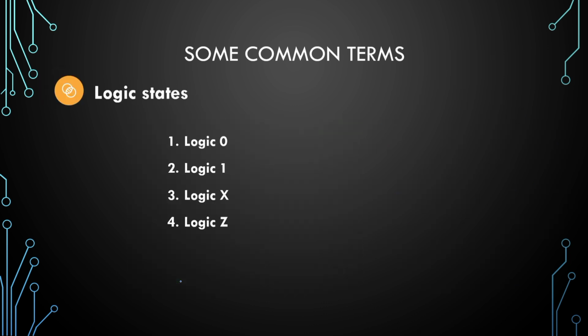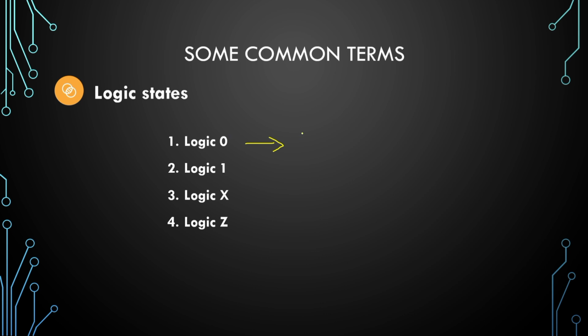Then we have logic states. In logic states, we have basically 4 states: logic 0, logic 1, logic X and logic Z. So logic 0 basically represents low. Generally we use positive logic, so by default I am considering it as positive logic.